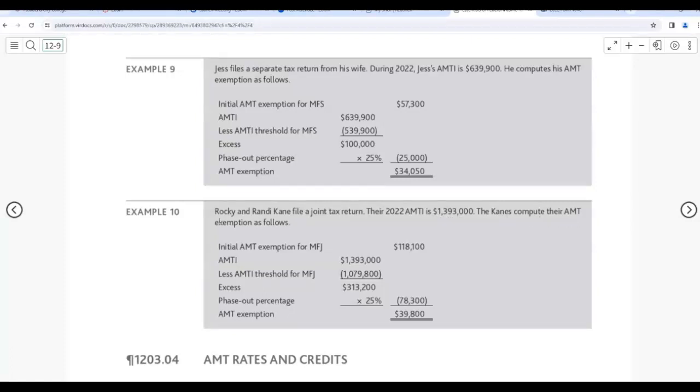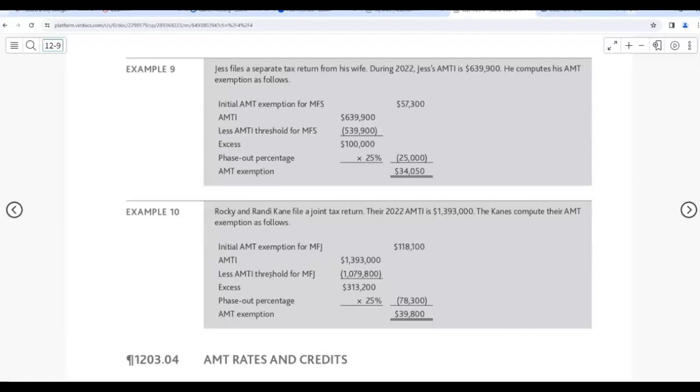The Kanes compute the AMT exemption as follows. Initial exemption is $118,100. We know that. Alternative minimum tax income is $1,393,000 of income. So they make a lot of money, right?